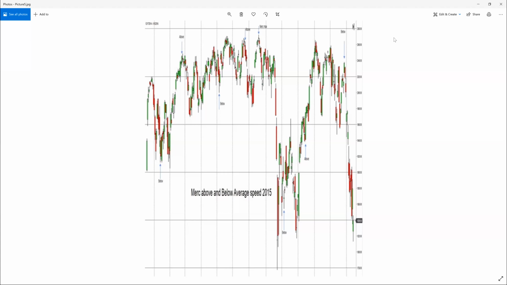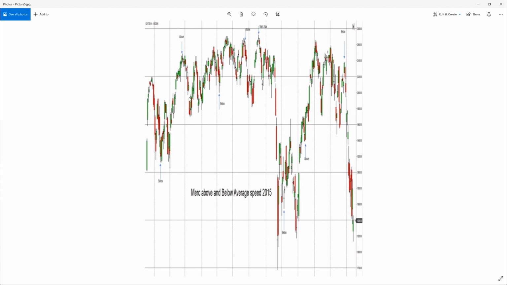There are also other movements in the planetary orbit, and one that really seems to be effective are the days when Mercury moves above its average speed or days when Mercury moves below its average speed. So once you figure out what the average speed of Mercury is, you can plot these points that you see on this chart. So again, you see the blue arrows with the notes either below or above average speed.